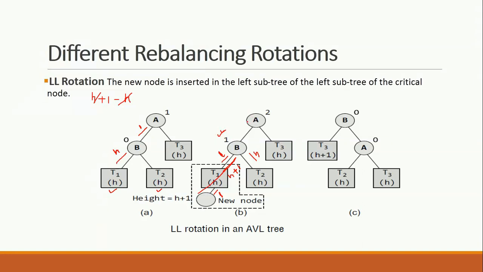But now for this node A, the height of left subtree would be h plus 2. What is the height of right subtree? H. So h plus 2 minus h will get as a plus 2. So see here, you are getting a violation.